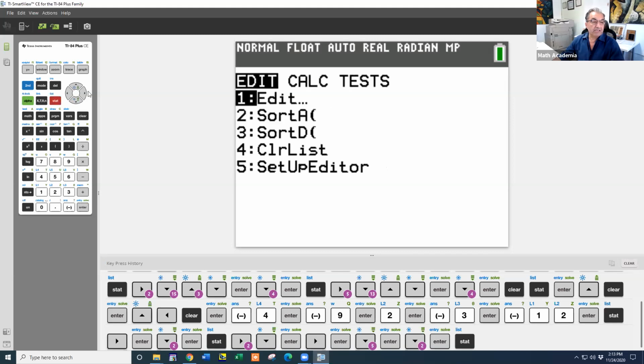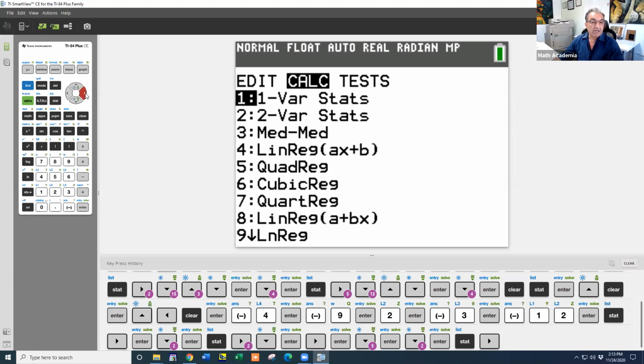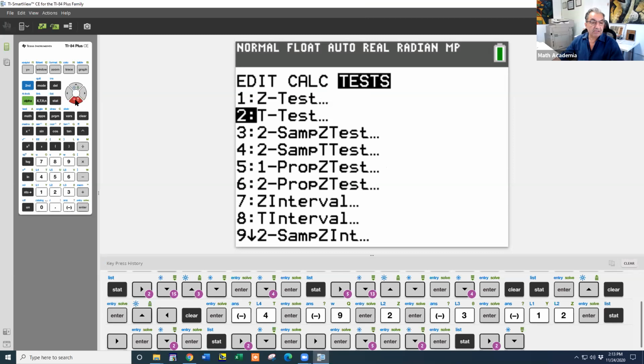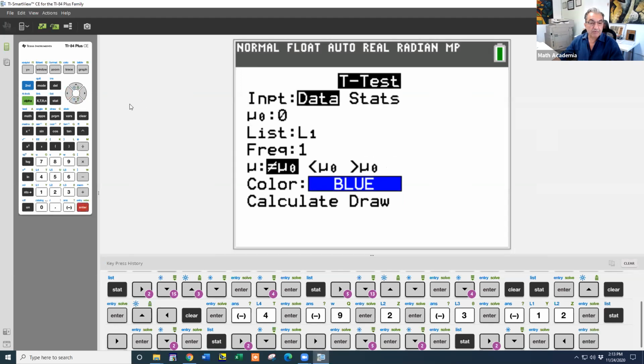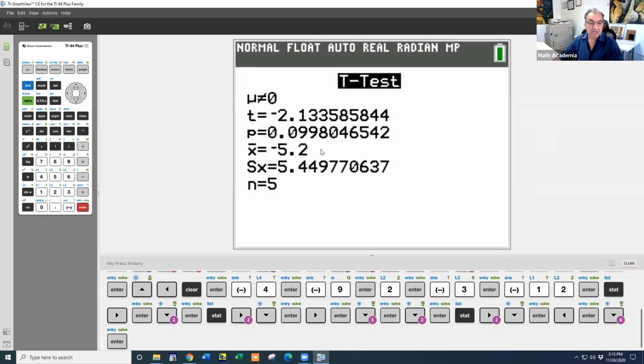Now if you go to stat and you go to test, again pick t-test, that's the second way of doing it. We know all our differences are in L1, so you can pick Data if you want. And list is L1 because we did enter all the differences in L1 and the claim is good, and you can just say calculate and you get the same answer.